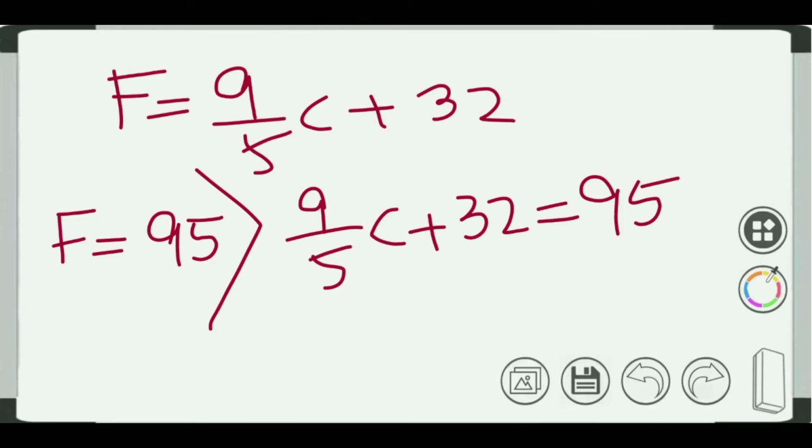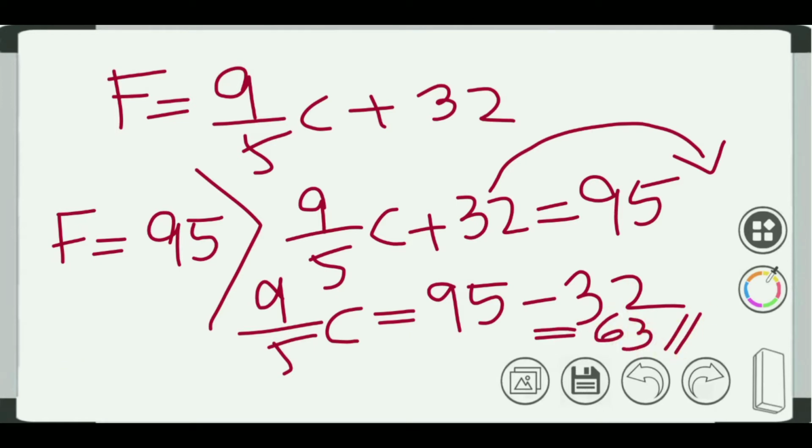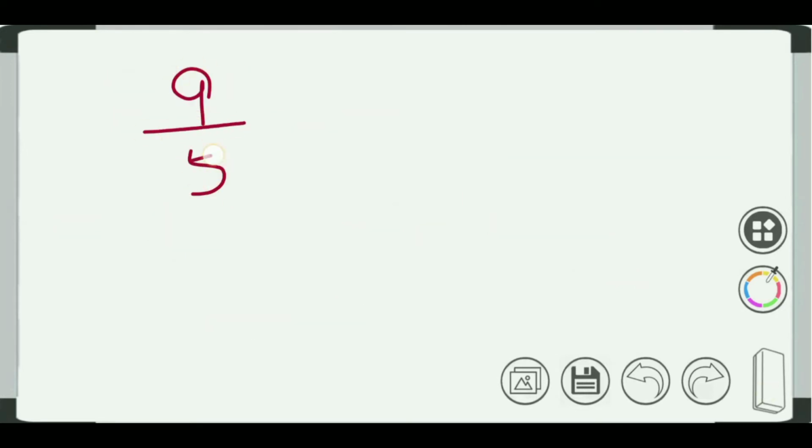I am taking this 32 this side, so positive 32 becomes negative. 9 by 5 C is equal to 95 minus 32. What is 95 minus 32? 63. So we can write 9 by 5 C equal to 63.